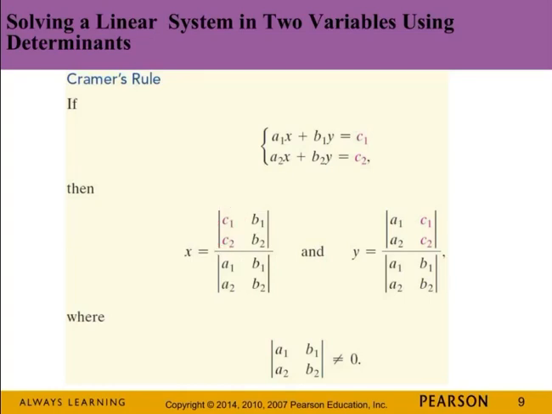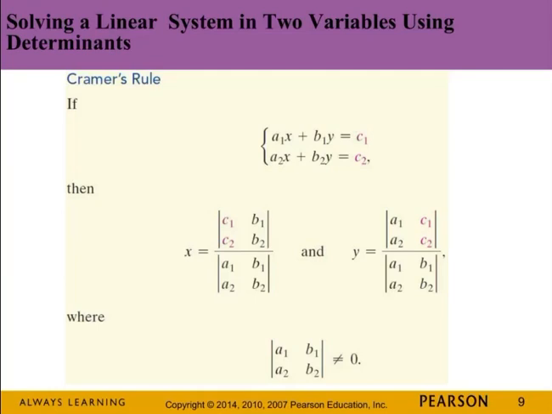We take our coefficient matrix, A1, A2, B1, B2. Those stay the same in either case. But in the numerator, when we're solving for x, we replace the first column with the constant matrix. When solving for y, we replace the second column with the constant matrix. And again, as long as the determinant is not 0.